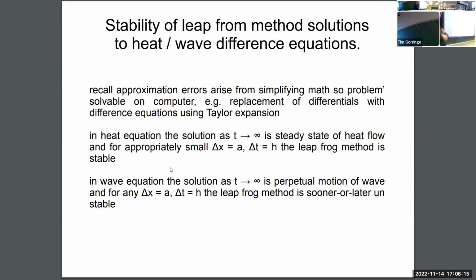One last point that I wanted to make is that the first part of this applies to the Laplace's equation, heat equation, and wave equation, right? In all of those cases, there are going to be what we call approximation errors when we figure out the solutions. So we're approximating a partial differential equation using Taylor expansion as a difference equation.